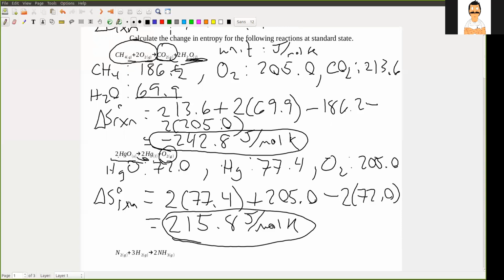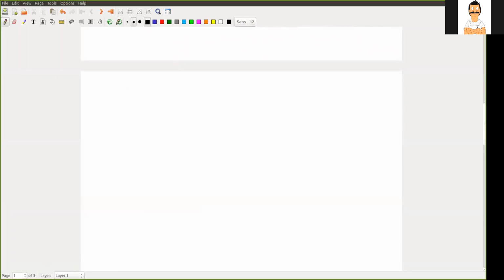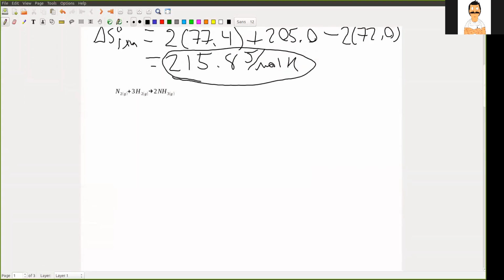So looking at this third option down here, we now see that we have nitrogen gas plus 3 hydrogen gas yields 2 ammonia gas.